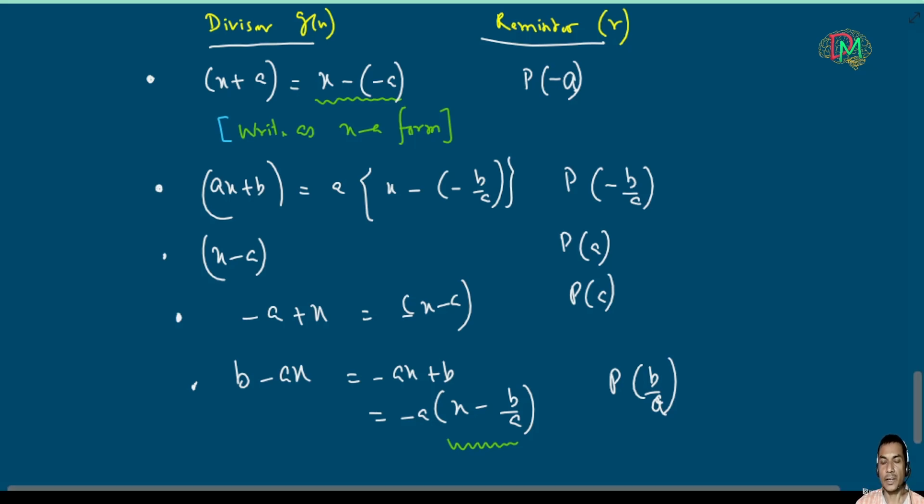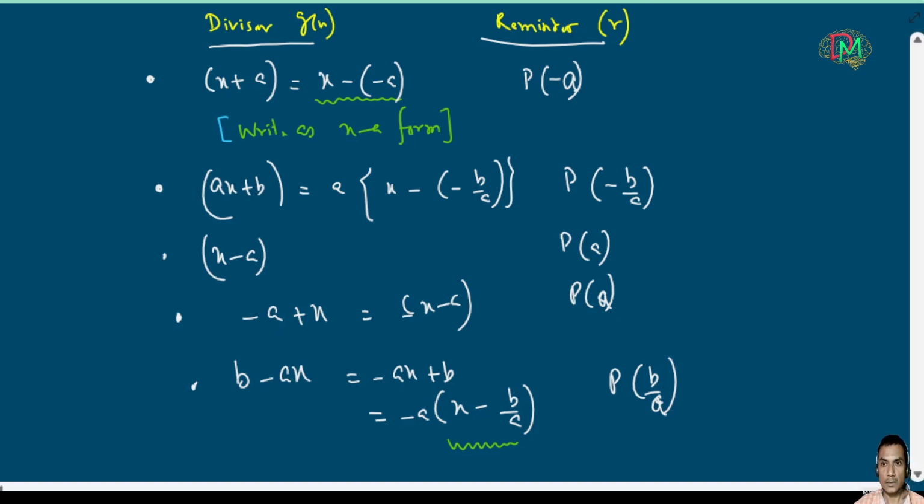You have to convert it, and then you consider only whatever value is there after the minus. Here look at this. After the minus, what value remains? Minus b by a. Here what remains? Minus a. That is the reason it is p of a. Clear? It looks different, but it is actually the same. x minus a, or minus a plus x, it remains the same.